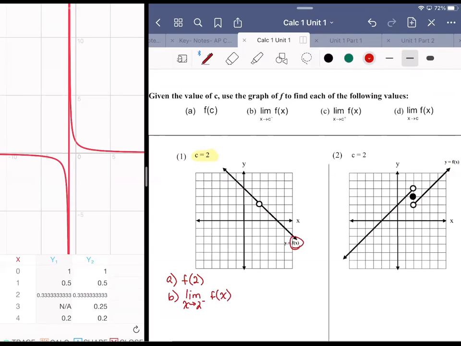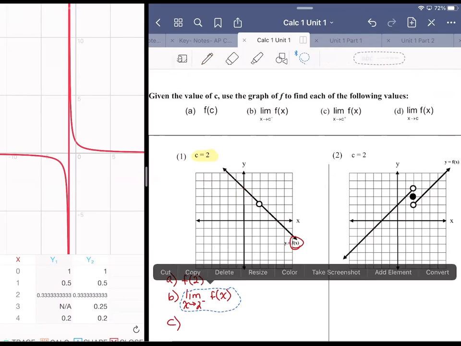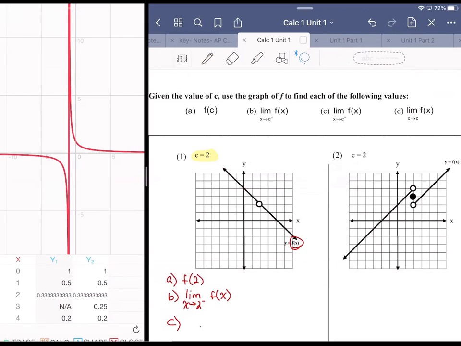This is the function f of x, this whole thing here. C is telling us to do the same thing, just coming in from the right. And D is telling us to draw a conclusion based on the relationship between B and C.